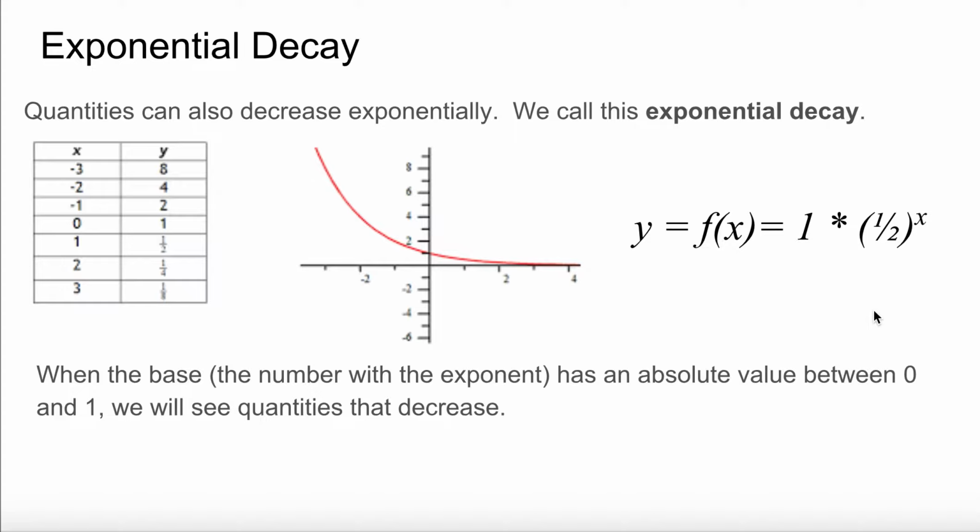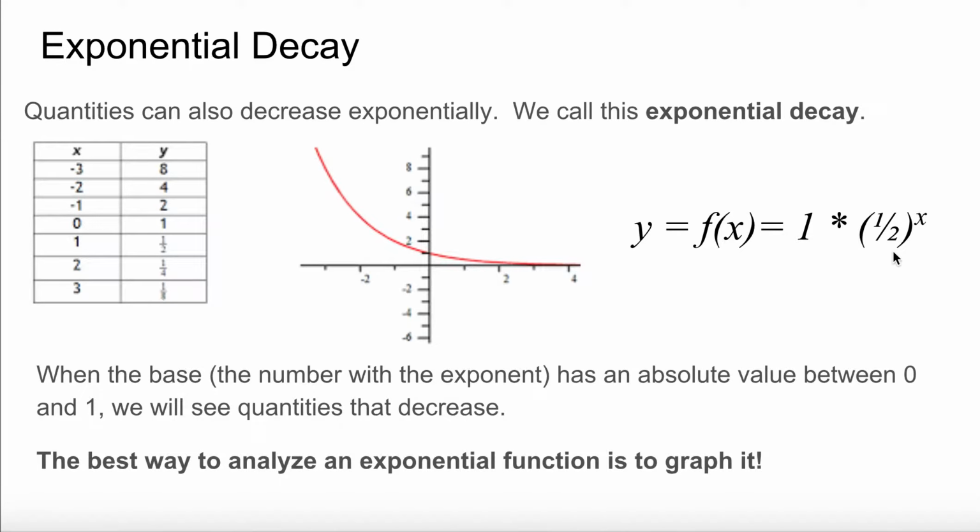Well, when the base, that's this number here with the exponent, in this case 1/2, has an absolute value between 0 and 1, we see quantities that decrease. Remember, absolute value just means the number, but always positive. So when we're talking about a fraction or decimal smaller than 1, right, we're going to see quantities decreasing over time.